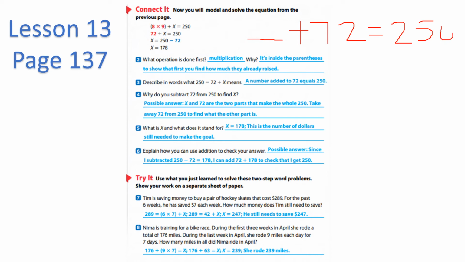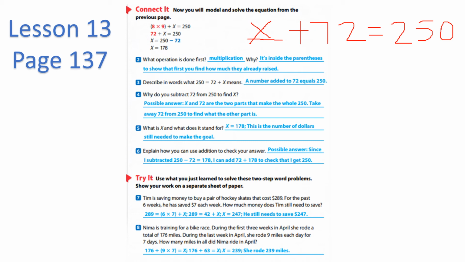So we have solved equations like this before without an X being there, but we know when we see that blank, that's the unknown. That's the answer we're trying to find. So when they are saying to us on number 3, a number added to 72 equals 250, we could put an X in place of the blank, and that X would still be saying what are we solving for.